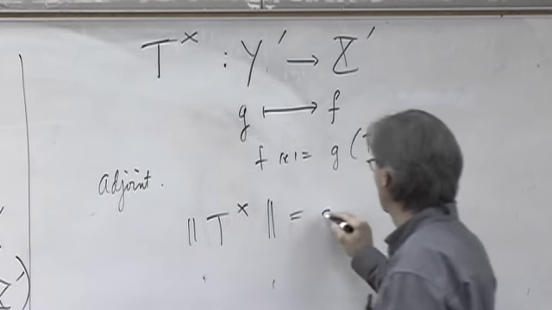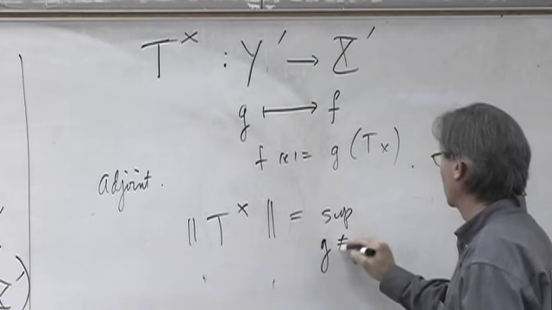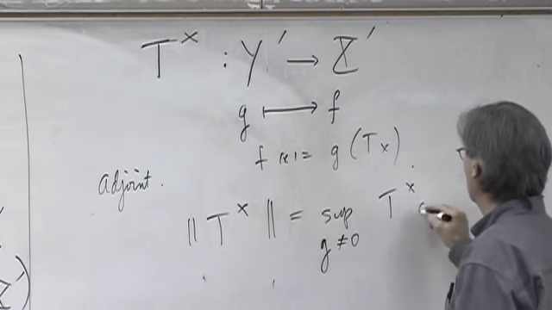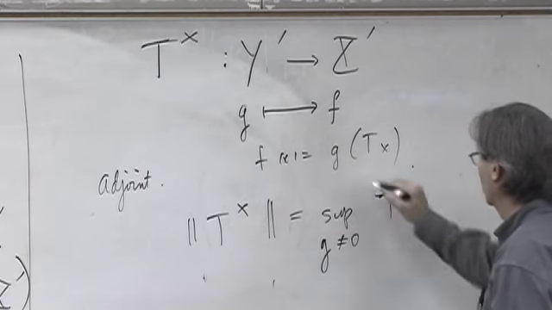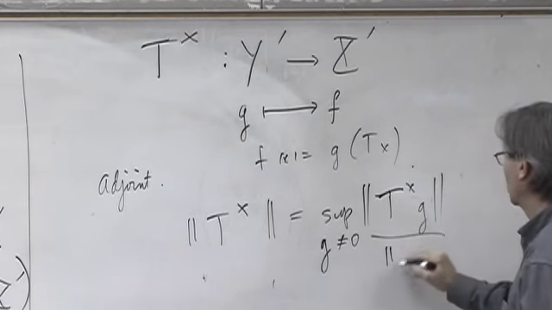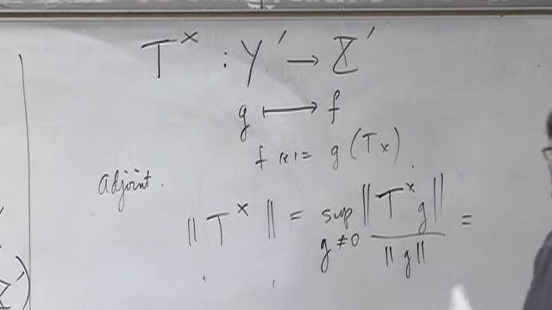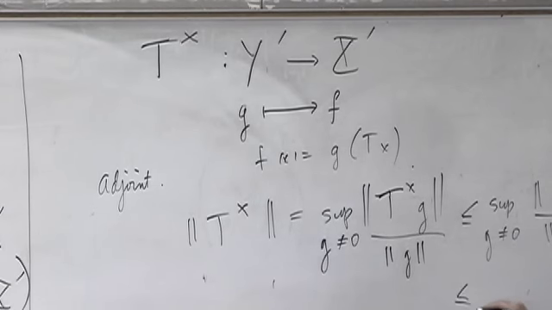It will therefore be the supremum over all G unequal to 0 of the norm of Txg, which is the F, divided by the norm of G. But the norm of Txg is the norm of the F, which we just showed is less than or equal to the supremum over G unequal to 0 of the norm of F divided by the norm of G. The norm of F, we said, is at most the norm of G times the norm of T. So this is less than or equal to the norm of T times the norm of G divided by the norm of G, G unequal to 0.